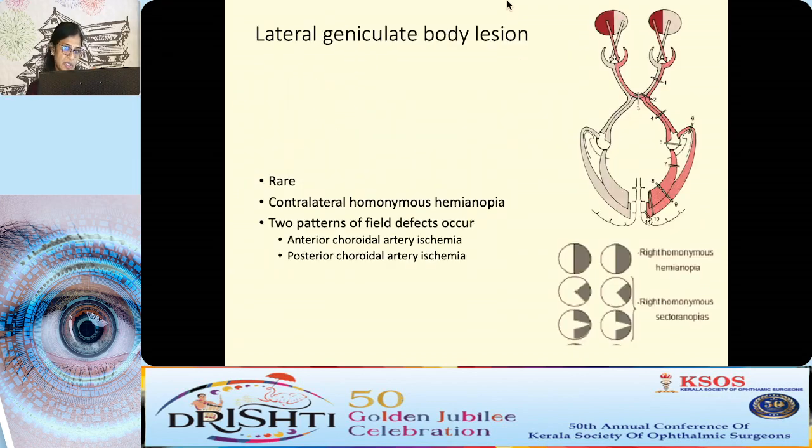In the lateral geniculate body, you can get contralateral homonymous hemianopia, and if there is small ischemia in either the anterior choroidal artery or posterior choroidal artery, we can get sector anopia like this. But these types of field defects are very rare.